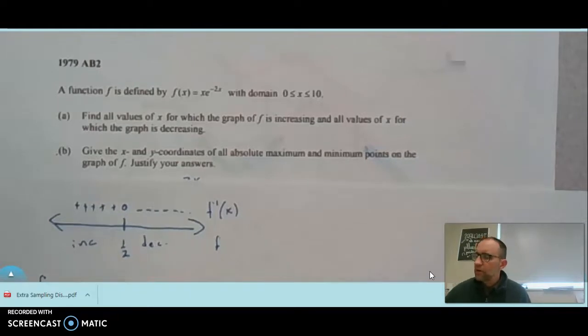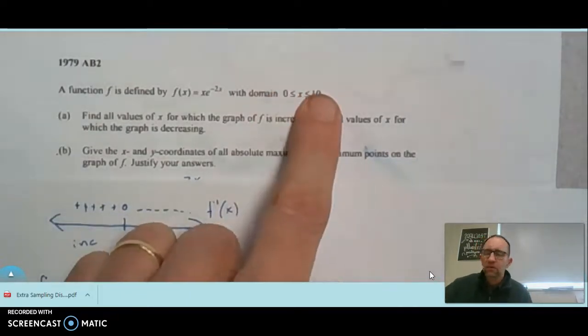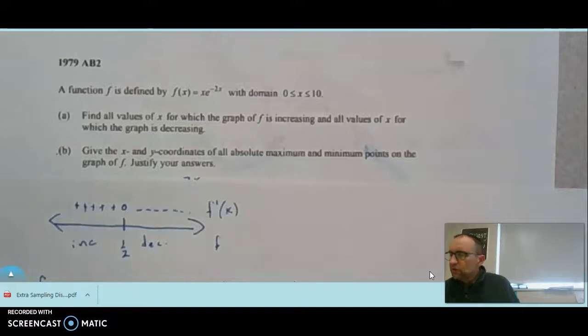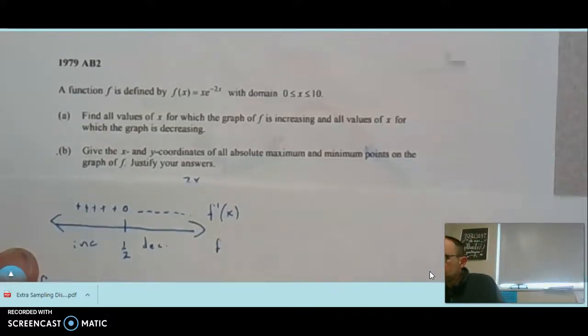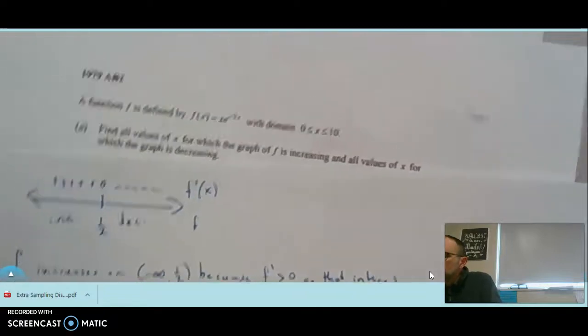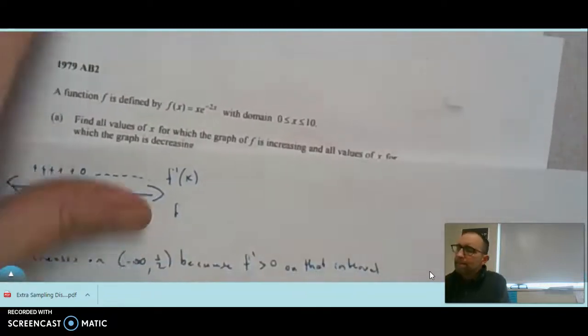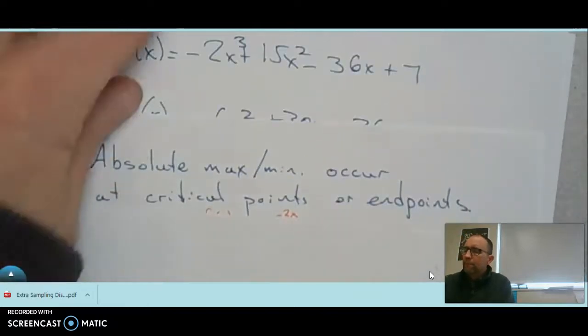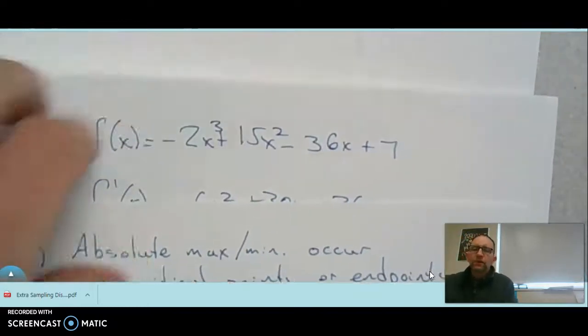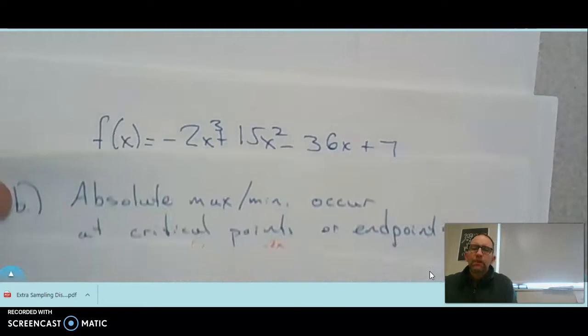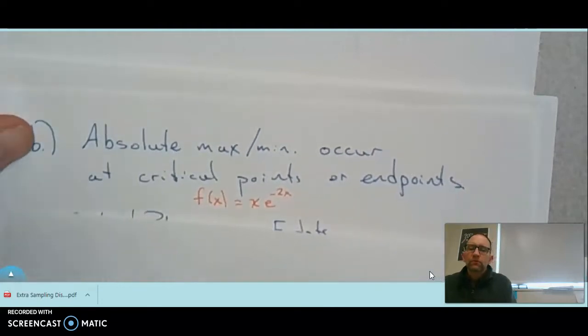And we know the endpoints are at 0 and 10 on this interval. So let's plug in the critical points and let's plug in the endpoints. Absolute maxima and absolute minima occur at critical points or endpoints.